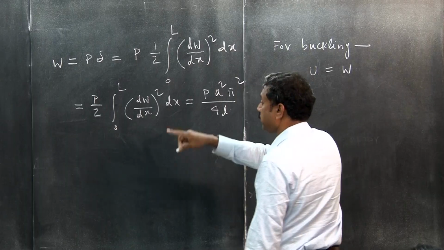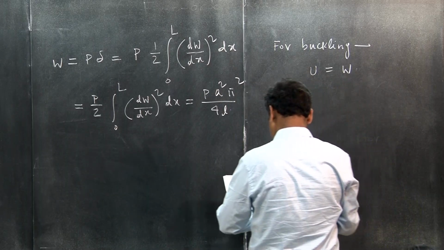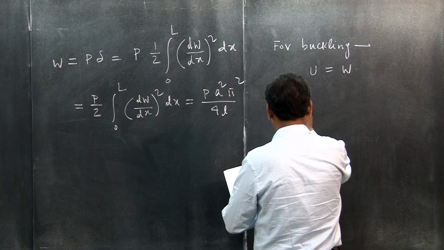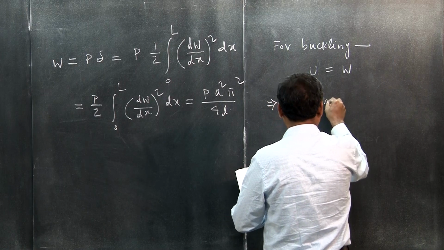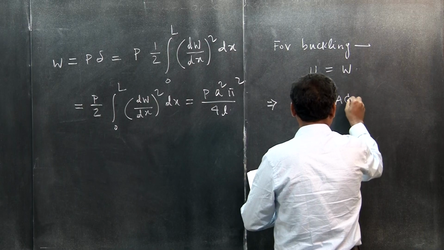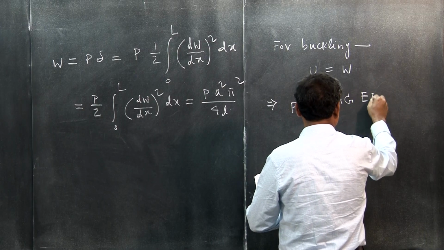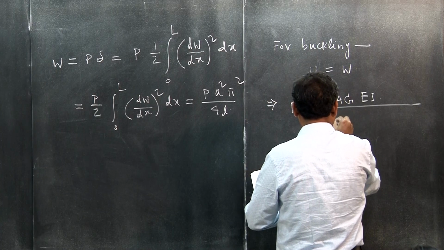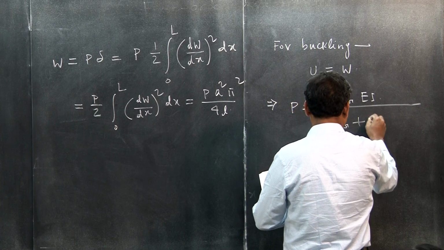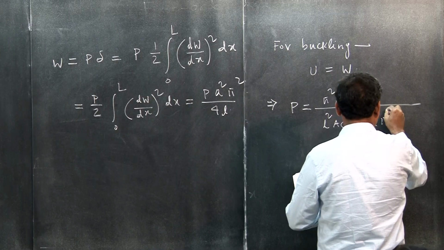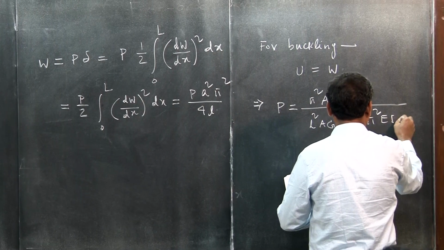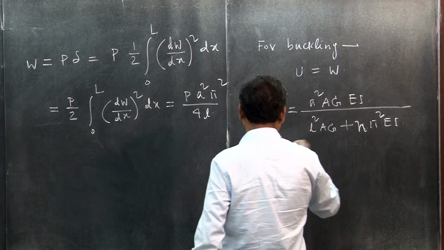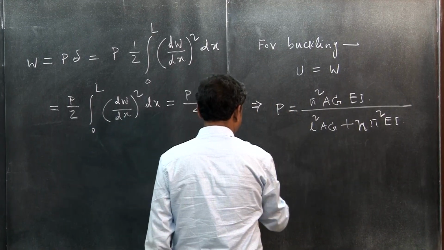And then if you equate these two terms and simplify, that's where I am going to write the final expression. The expression will be P equals pi square AG EI over L square AG plus N pi square EI. Okay, that's the expression, and then we will further simplify it.